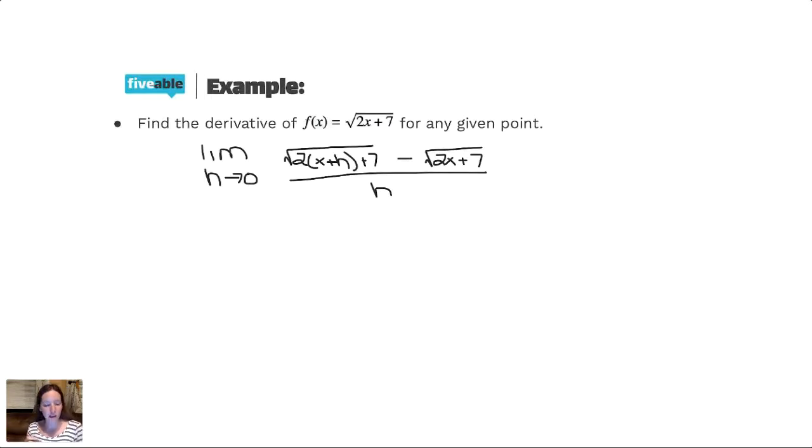I gave you the little hint that you're going to want to multiply by the conjugate, right, to get those square roots to at least go away in the numerator. They're going to come out now in the denominator, but we'll deal with that as it comes. So I'm going to multiply by the conjugate here.